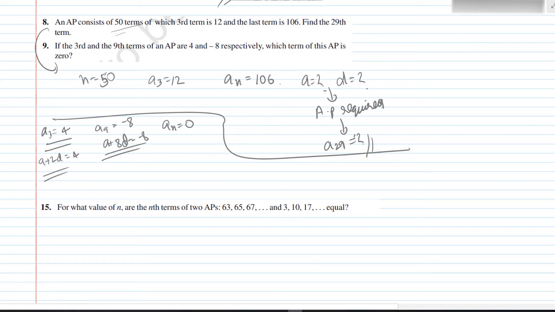Using these two as a pair of linear equations, find a and d, then write down the AP, then find the 0th term. For this, a_n is 0, so 0 is equal to a plus (n minus 1)d. Now we are finding a and d, right? You should find n in this.